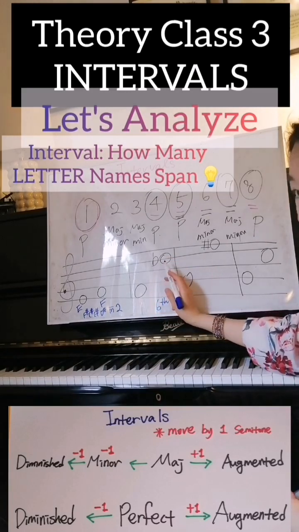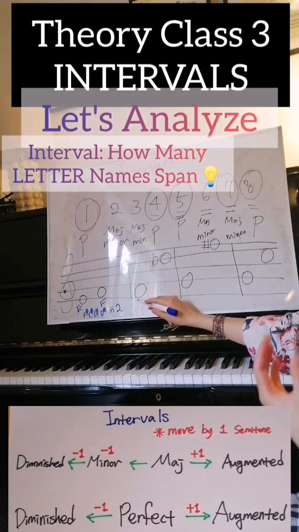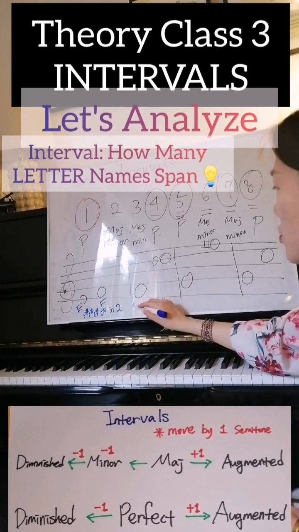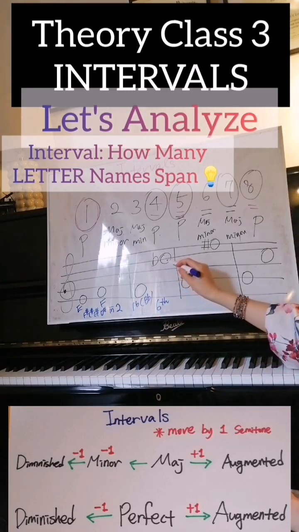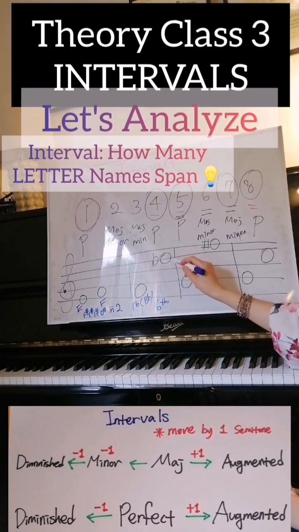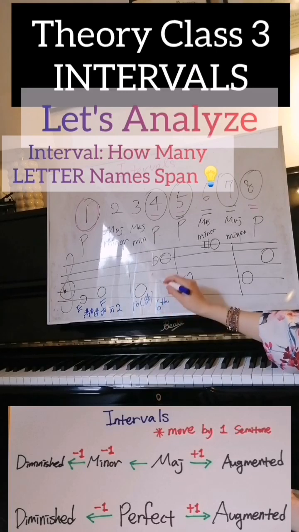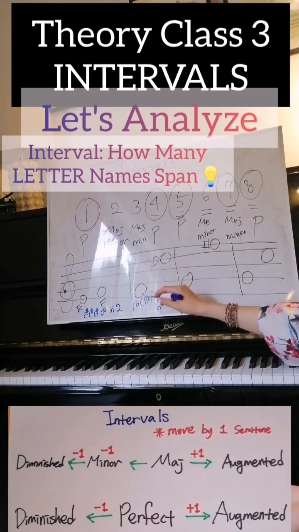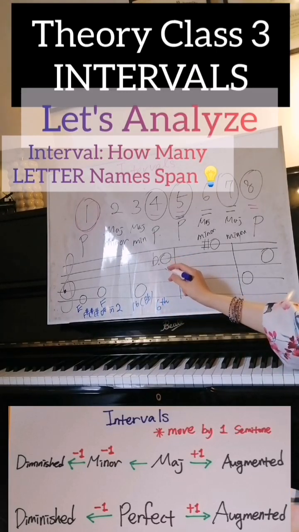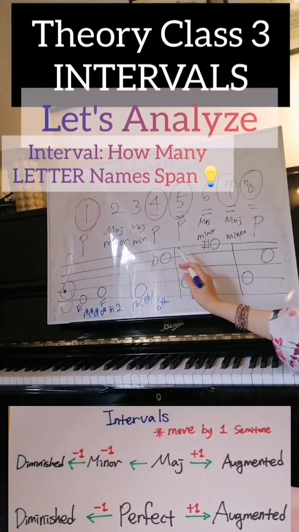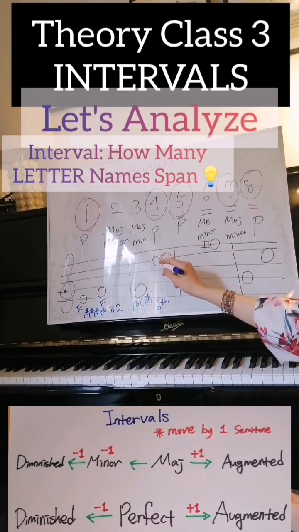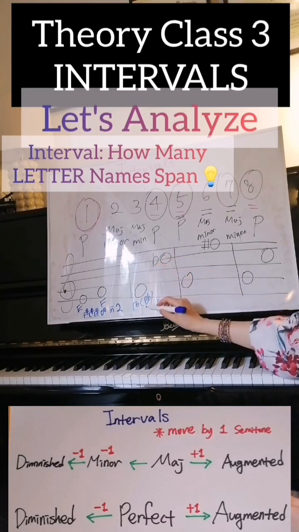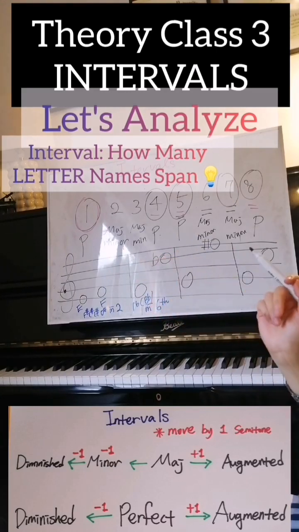What is the key signature of F major? Just one flat, which is B flat. So do you need a flat on D? Is D the sixth note of the F major scale? No, in F major you don't need D flat, you just have D as the sixth note. But this one has been lowered, so that becomes a minor sixth.